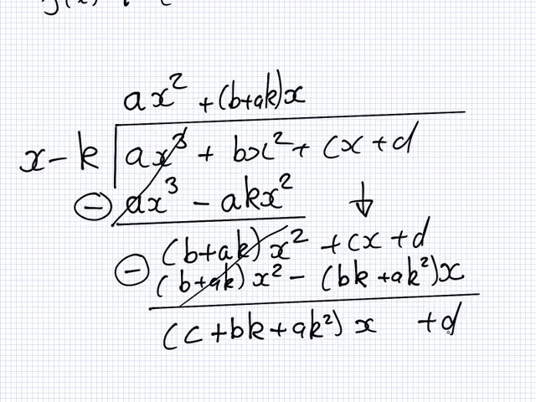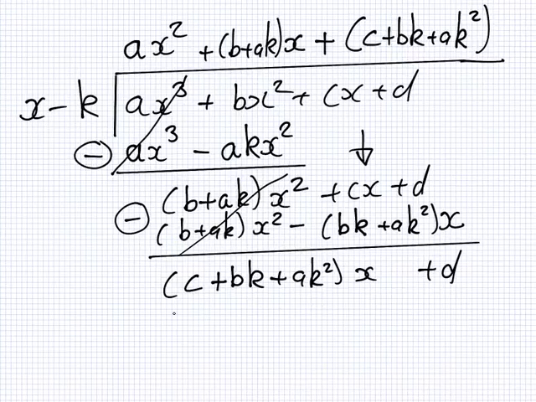Now I know this is getting very big, but the good news is there's only one left, one multiplication left to do. So it's plus (c plus bk plus ak squared), is the last one.